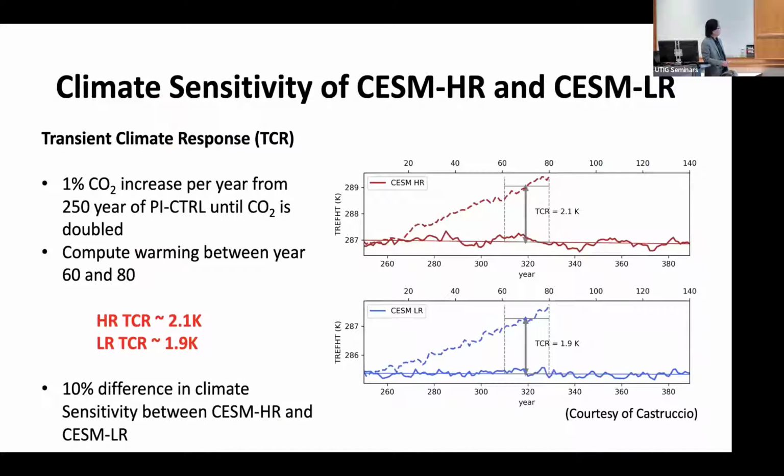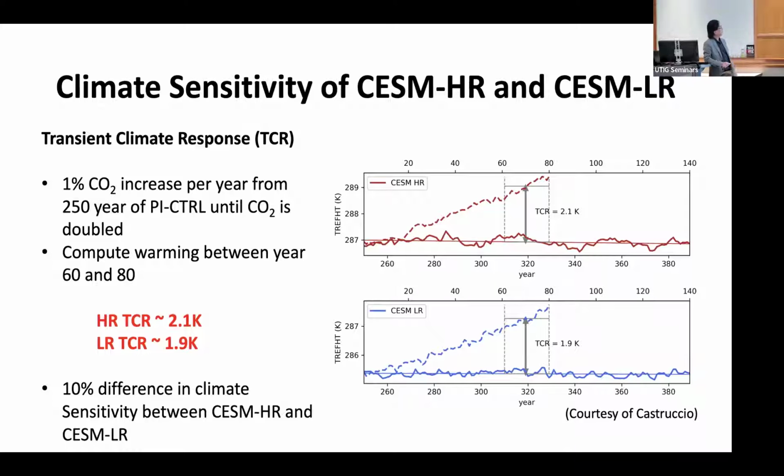And then the next thing we look at is the climate sensitivity. And of course, we would like to know, after we increase the model resolution, have we changed the climate sensitivity of the model? So this is just looking at the global mean climate sensitivity, or the temperature response to the CO2 increase. So we analyze this transient 1% CO2 increase per year, until the CO2 is doubled, right?